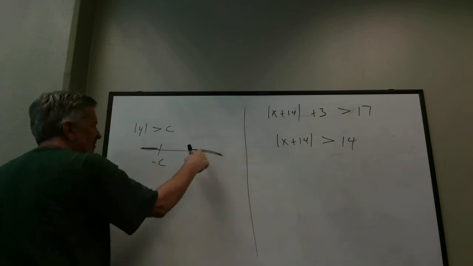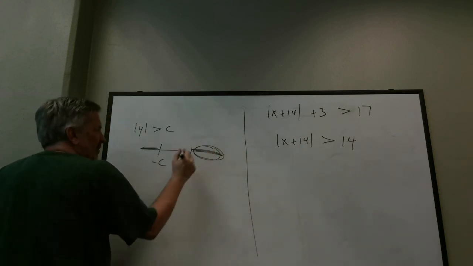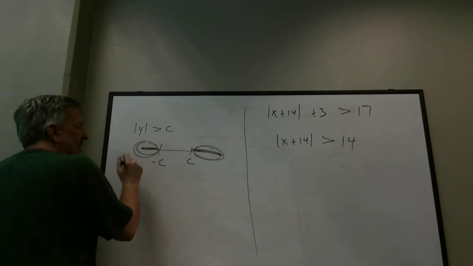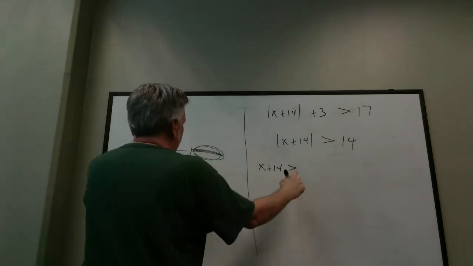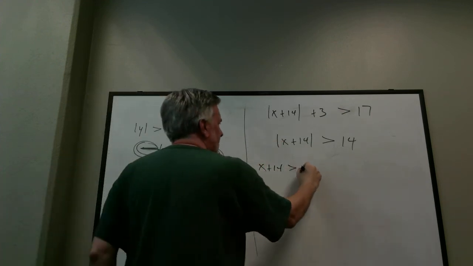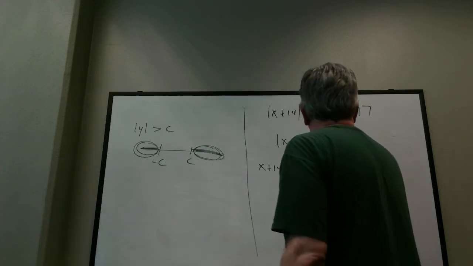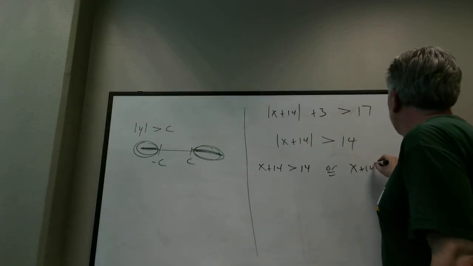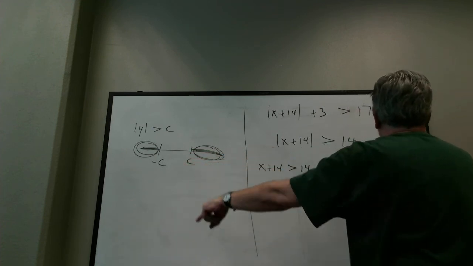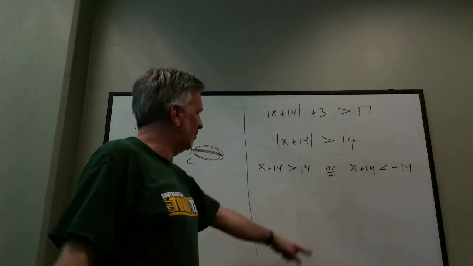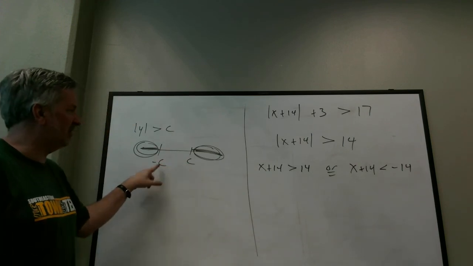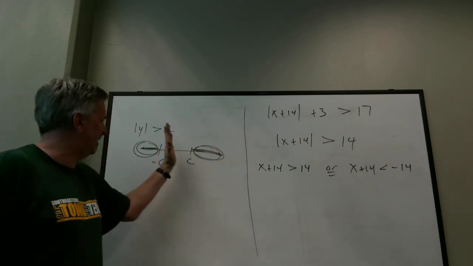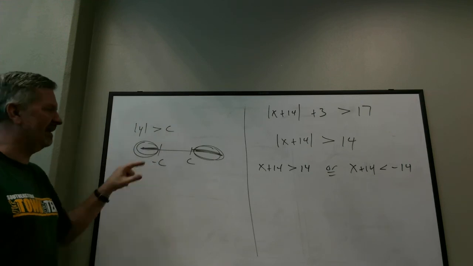So this says x plus 14 is out here, or x plus 14 is over here. So x plus 14 is bigger than 14, or x plus 14 is less than negative 14. Right? So the c is this 14 right here, so from minus 14 to 14.